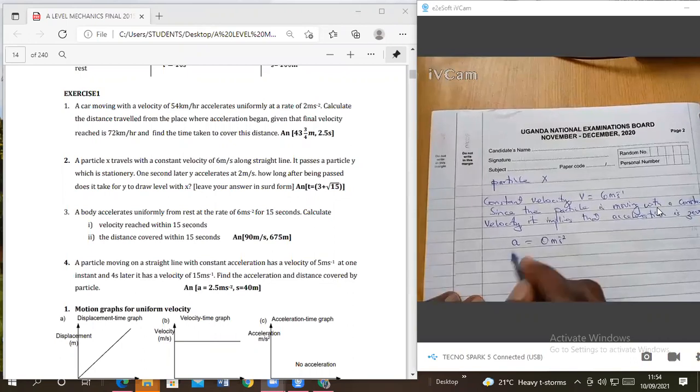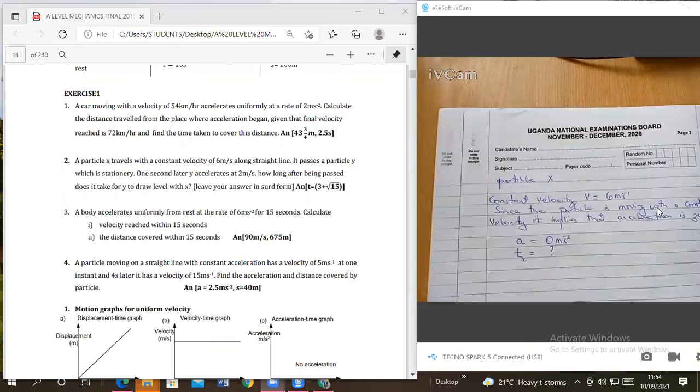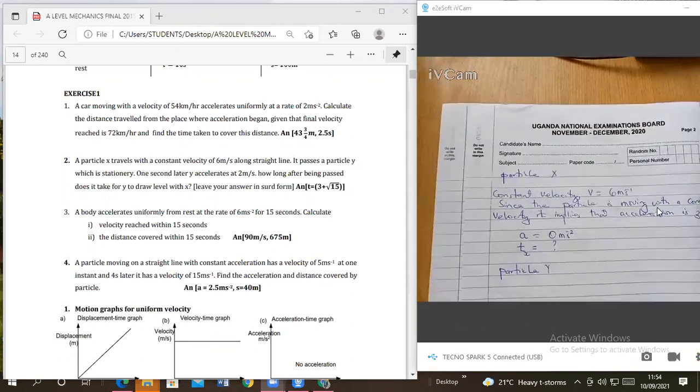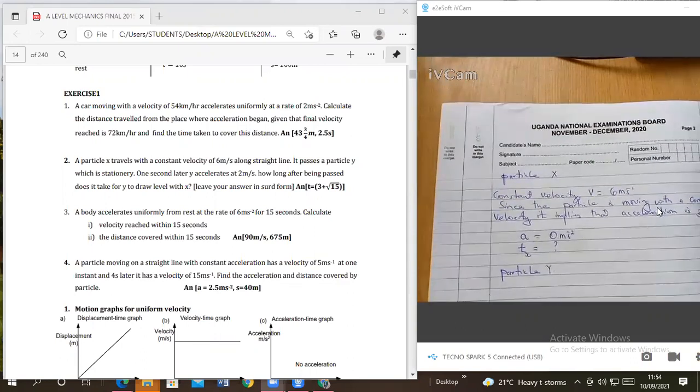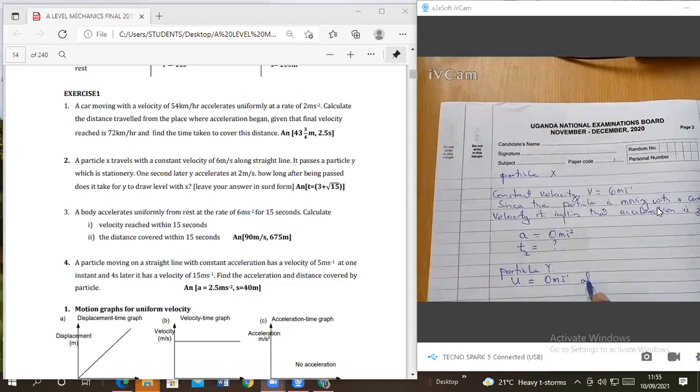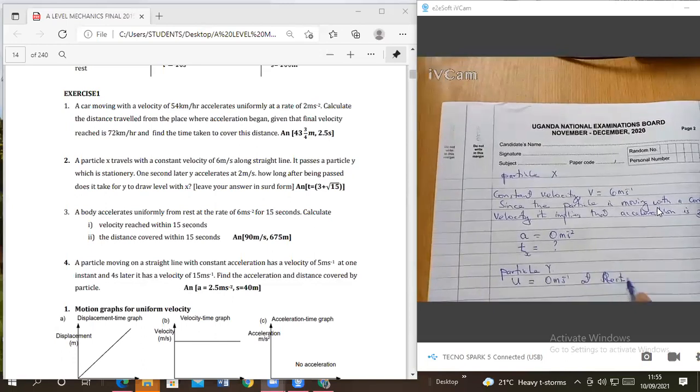So we don't know the time. Time was not given for particle X, so let's call it Tx. That's the time for particle X. Then we also have another particle, particle Y, which was stationary, which means the initial velocity, our U, will be equal to 0 meters per second, because it was at rest.